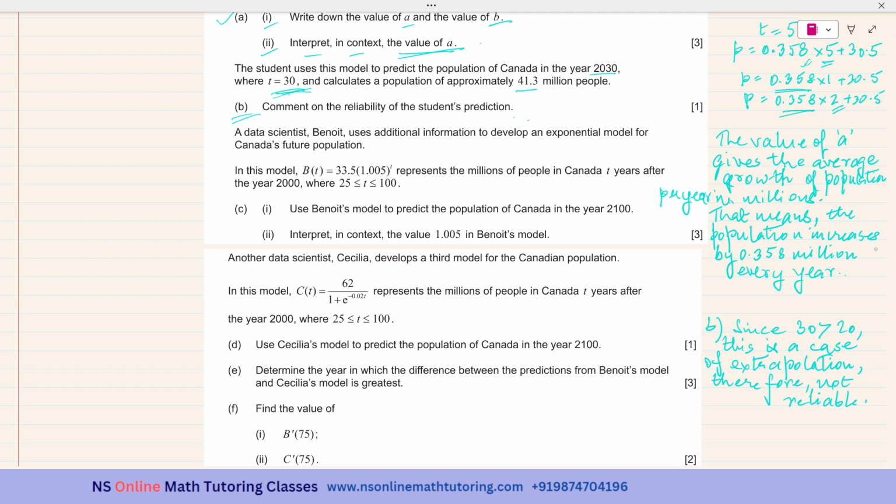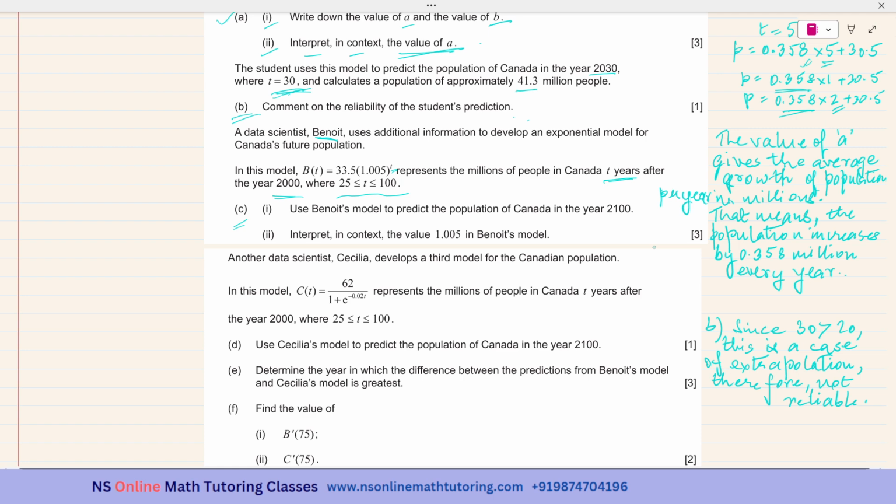A data scientist, Benoit, I'm sorry if I'm not reading this name correctly, uses additional information to develop an exponential model for Canada's future population. In this model, B of t is equal to 33.5 times 1.005 raised to the power of t, and represents the millions of people in Canada t years after the year 2000, where t is greater than or equal to 25 but less than or equal to 100.